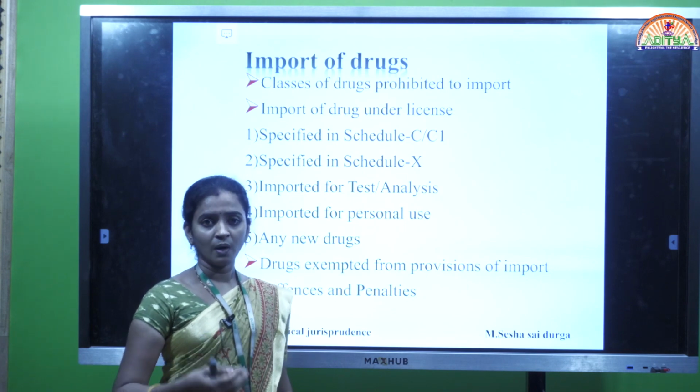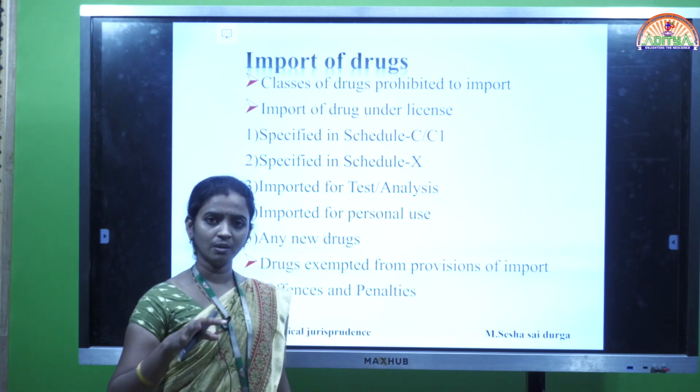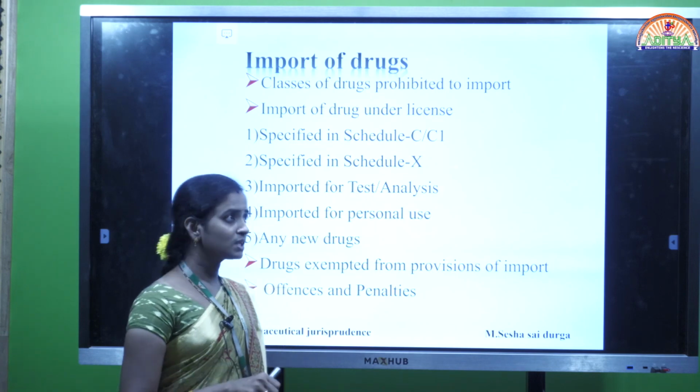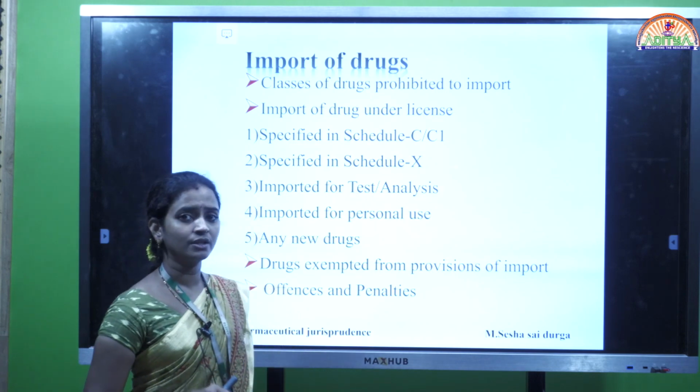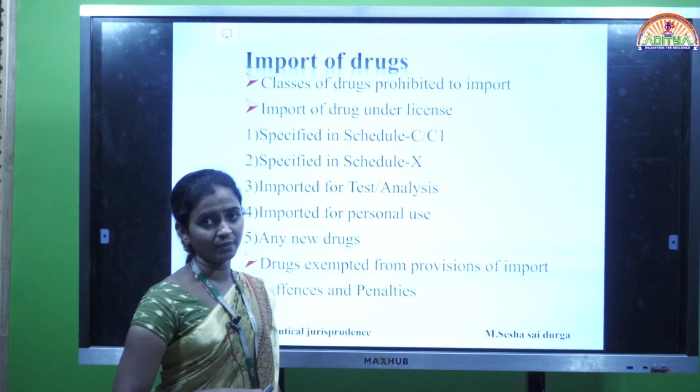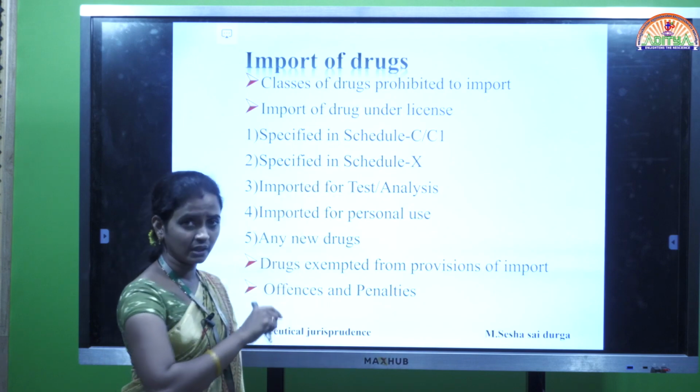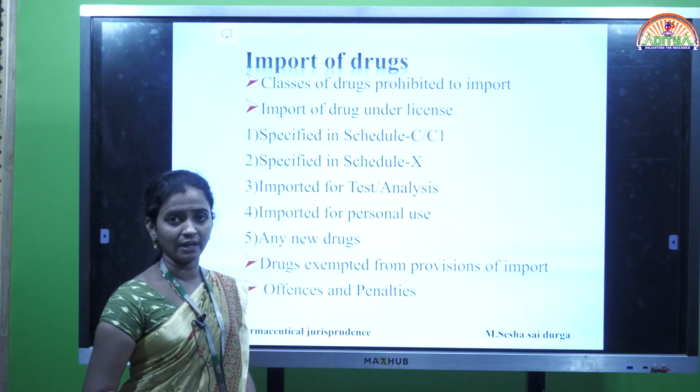All the products which are biological, prepared from animal sources, are included under schedule C and C1. Okay, so those substances we can import from foreign countries.